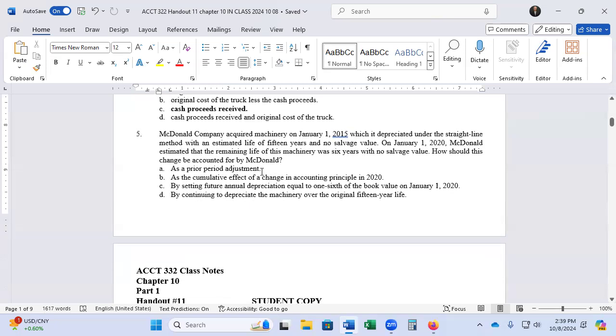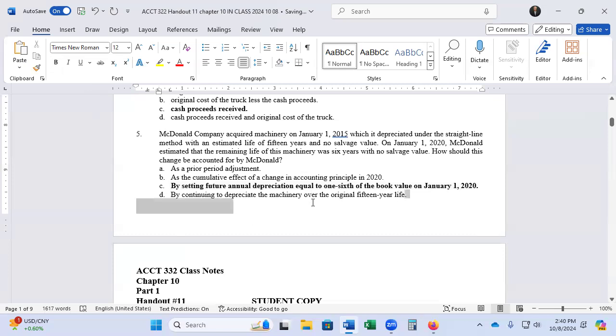As a prior period adjustment? So no, that's not correct. As a cumulative effect of the change in accounting principle in 2020. So we didn't change accounting principle. We just changed an estimate by setting future annual depreciation equal to 1/6 of the book value on January 1, 2020. So this is the correct answer.